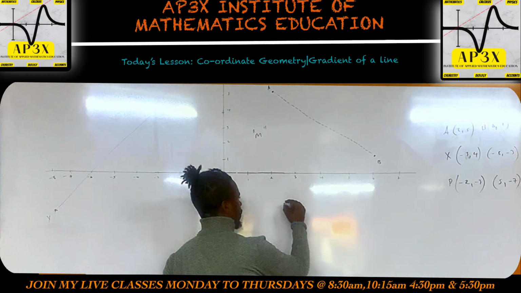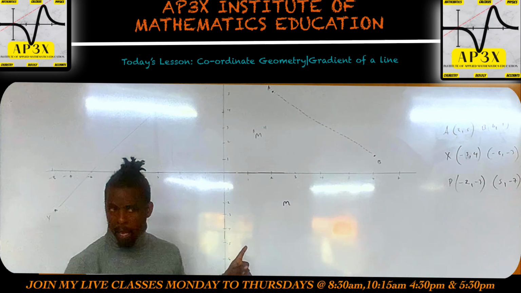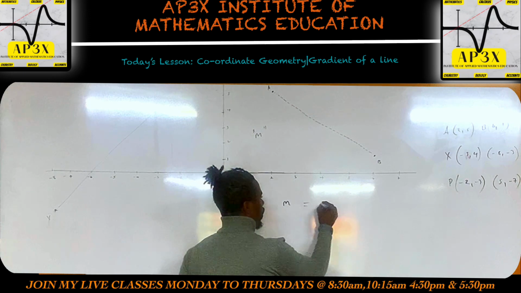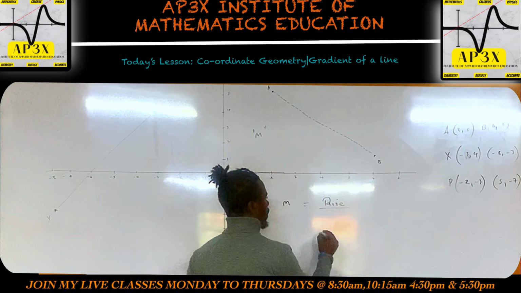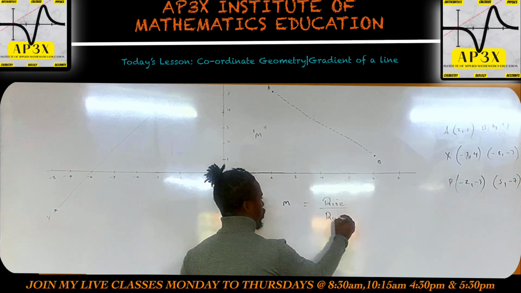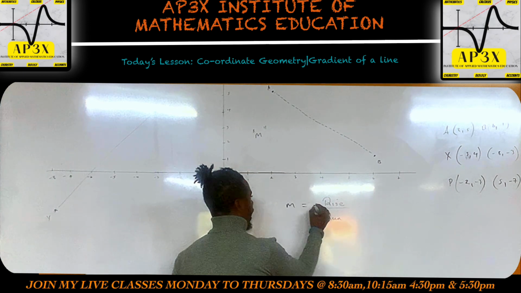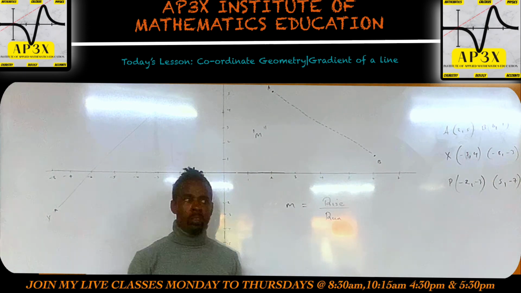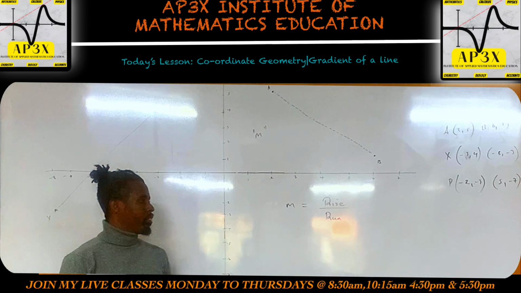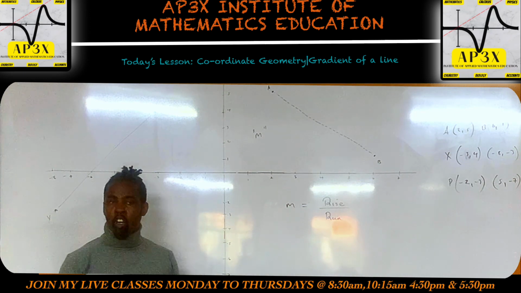Therefore, m, that's the symbol for gradient, m is equal to rise divided by run. M equals rise divided by run. This is the graphical formula.